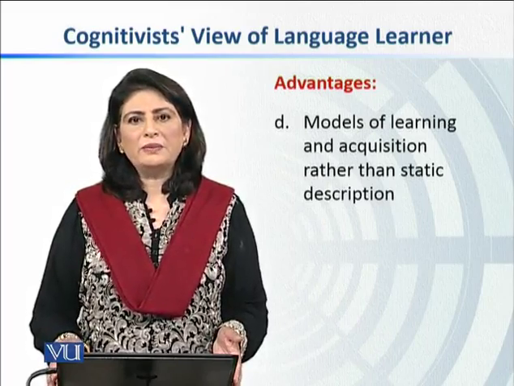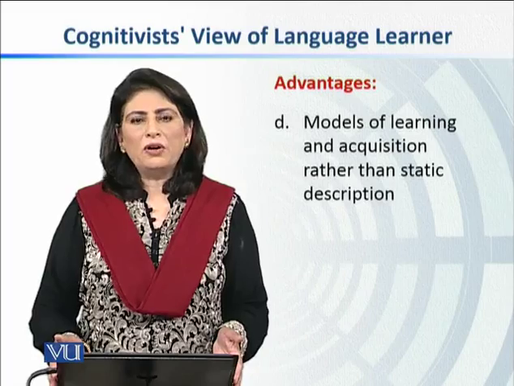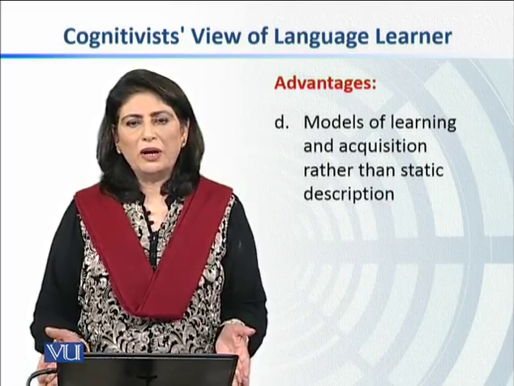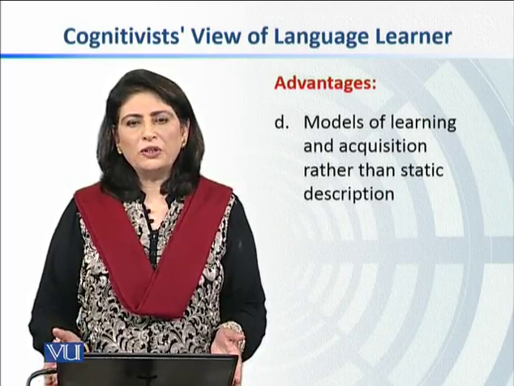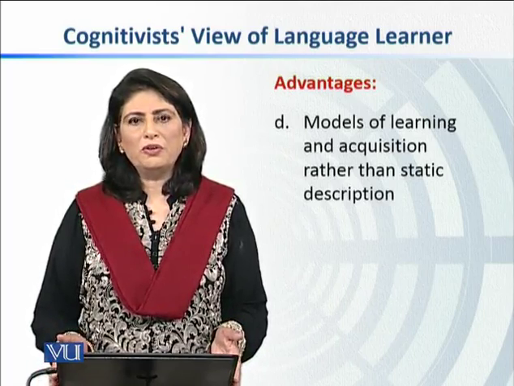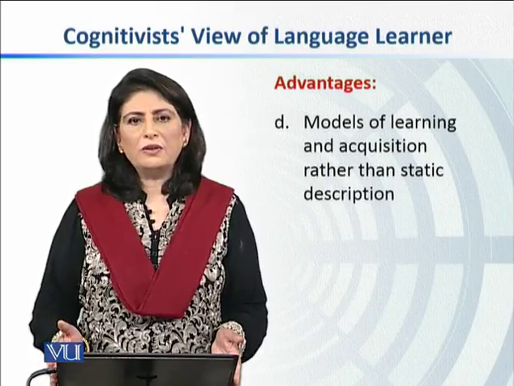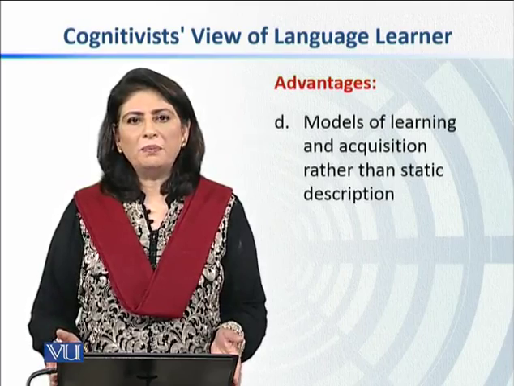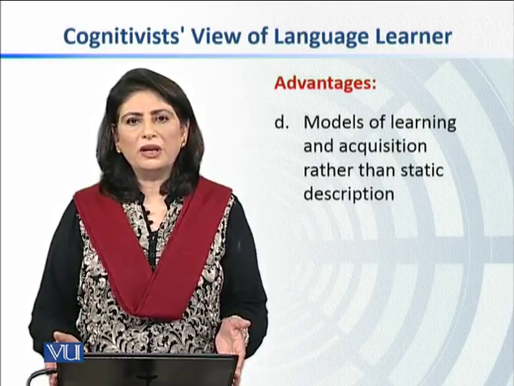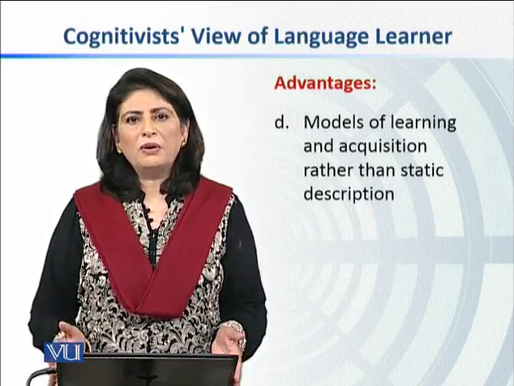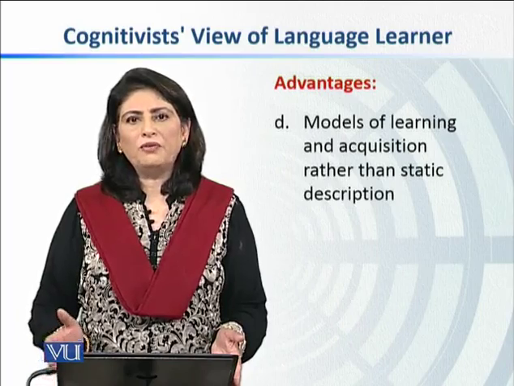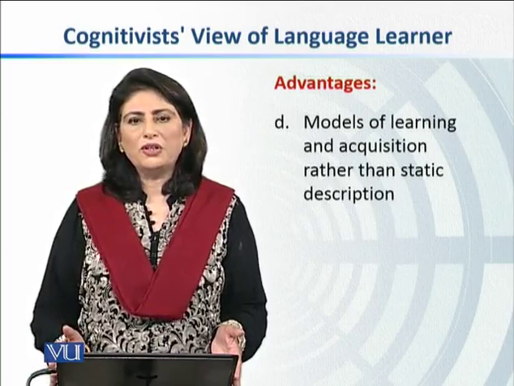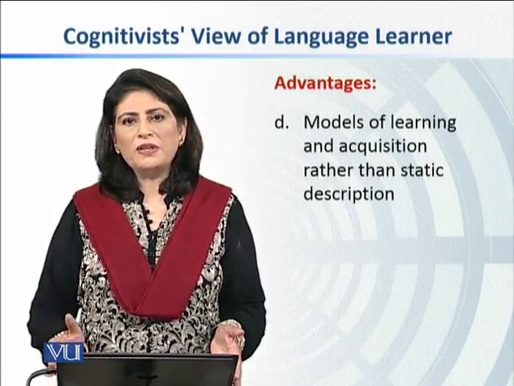Having said that, please remember that cognitive approaches can also be divided into two parts. One approach within this cognitive approach believes in the existence of universal grammar, while the other approach, for instance those working under connectionism, more or less focuses on language learning or information processing models.